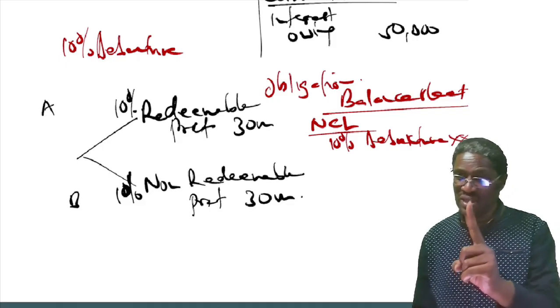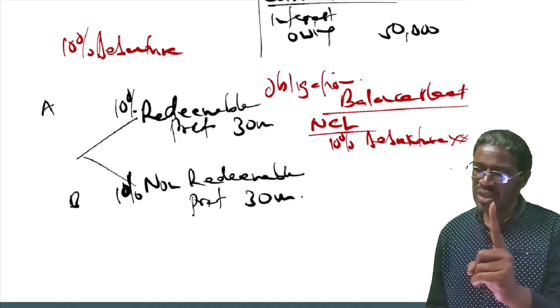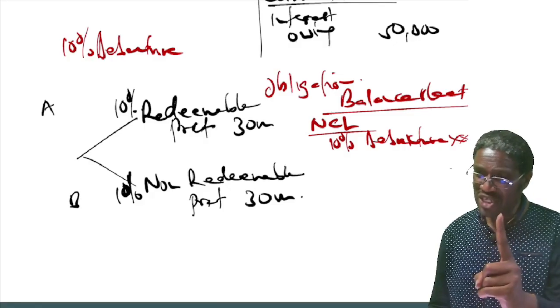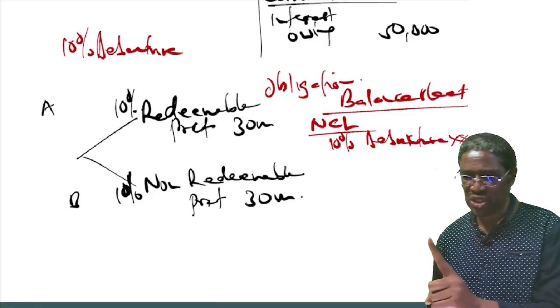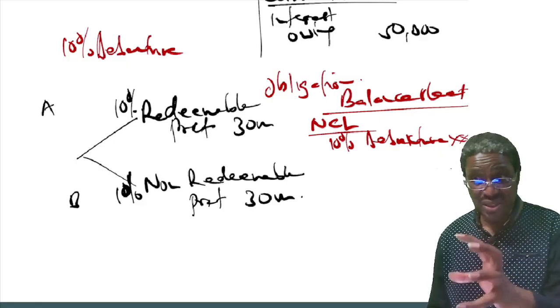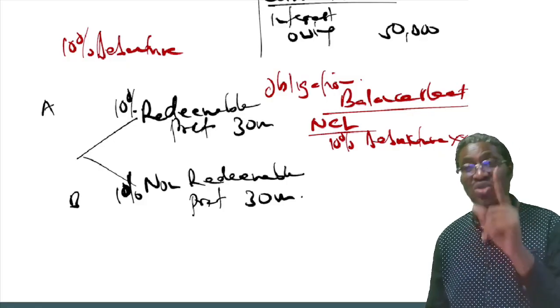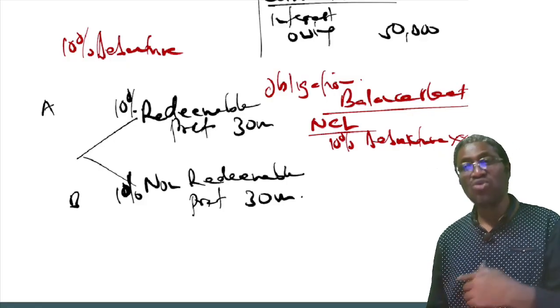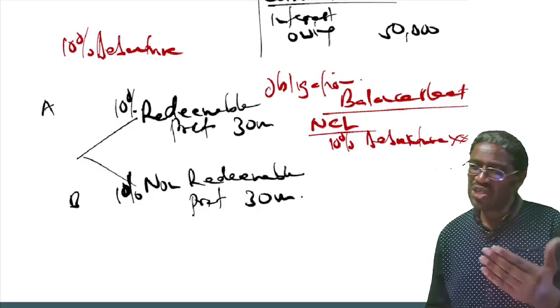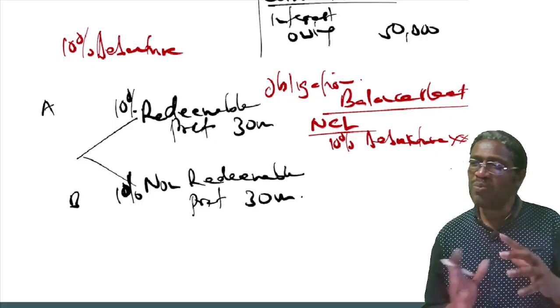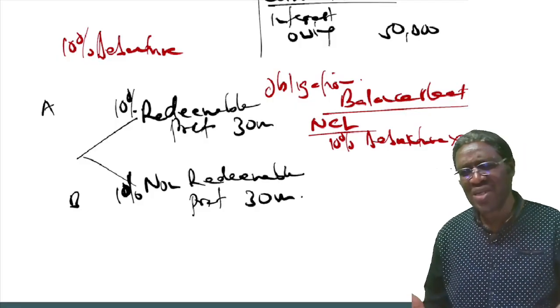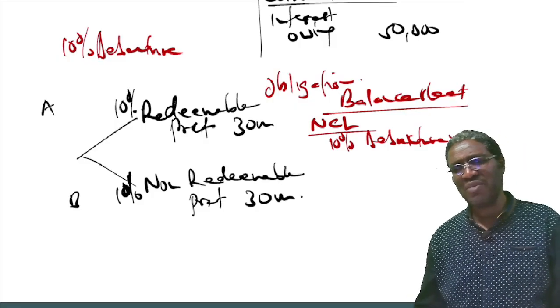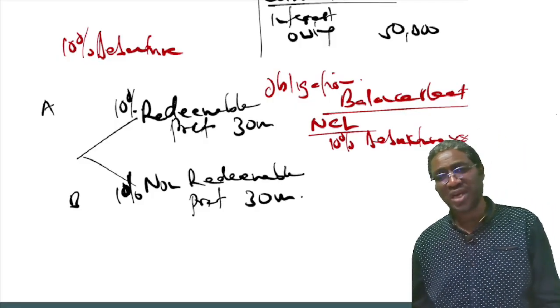Listen, the same way this company A issued a redeemable preference share, then it also means it has an obligation to pay back. So to company A, these preference shares are not part of capital. They are liabilities to the company.